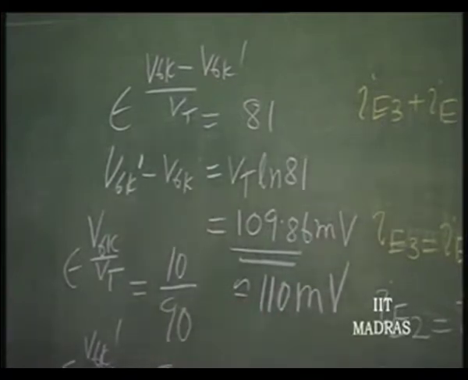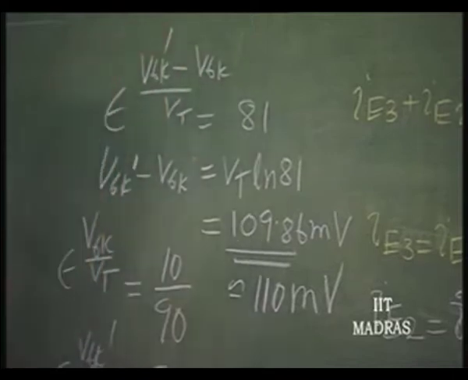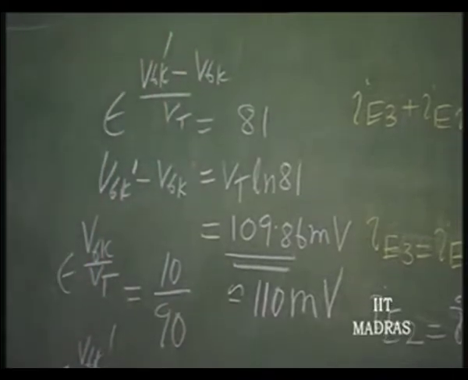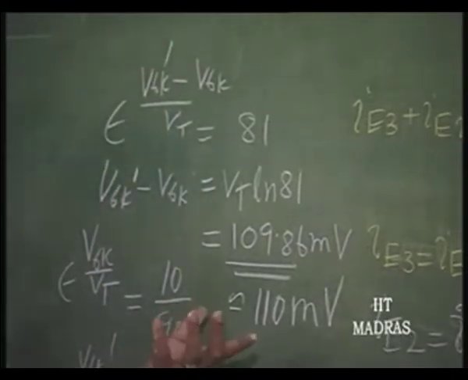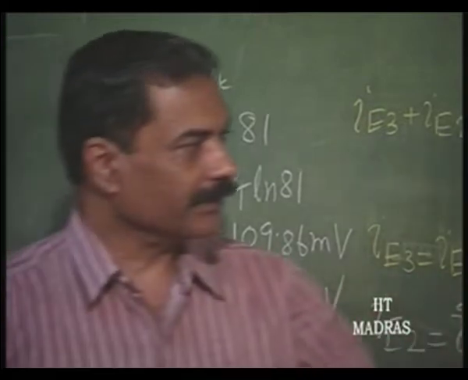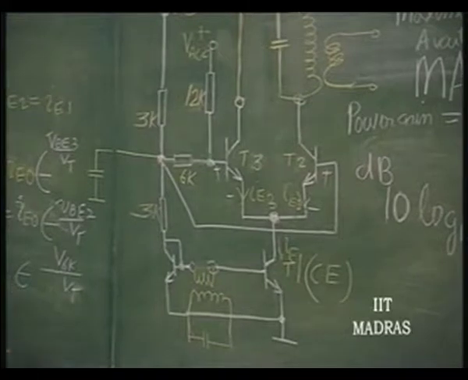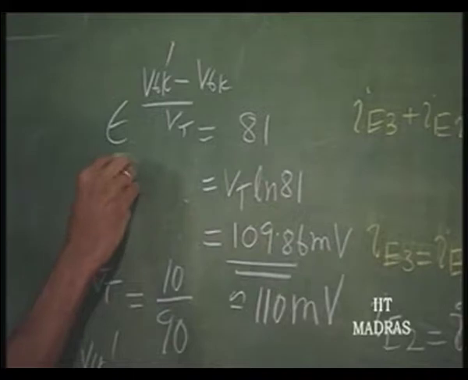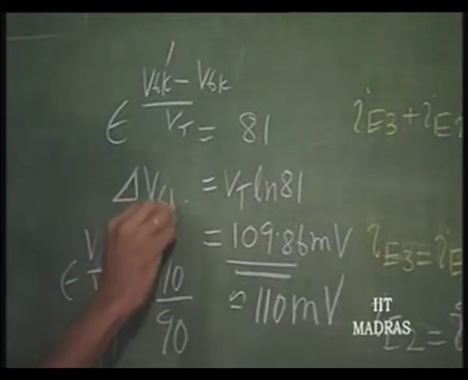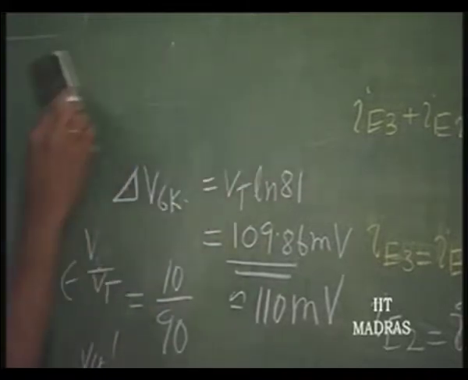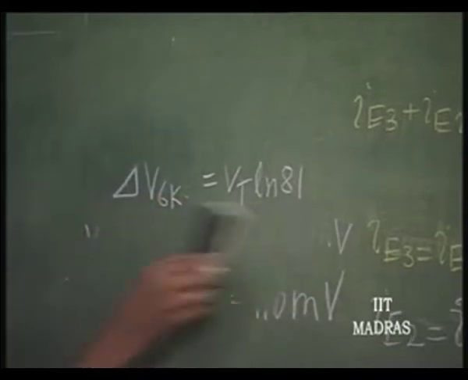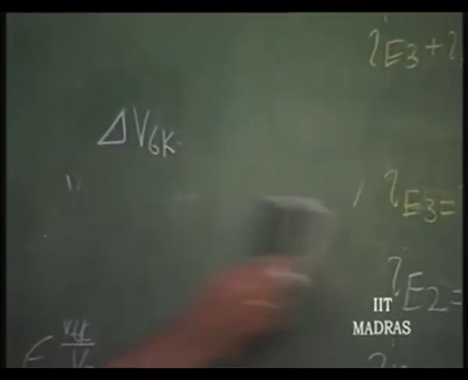Since it is the change, it does not matter whether it is one voltage change or the other. So, this is the change in voltage across 6K, we will call it delta V6k needed, equal to 110 millivolts.